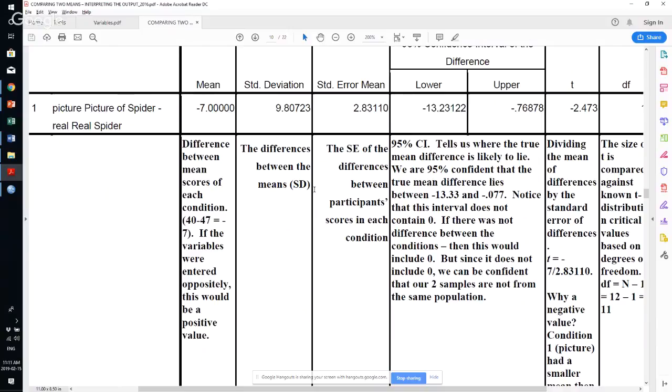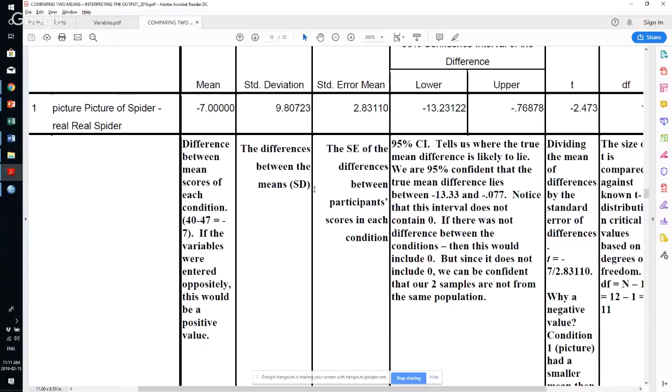So it's not inclusive. We're 95% confident that the true mean lies between -13 and negative. Notice that the interval does not contain the 0. If there's not a difference, then it would include the 0.